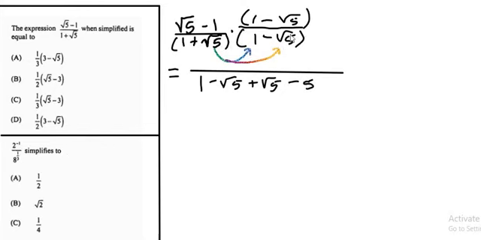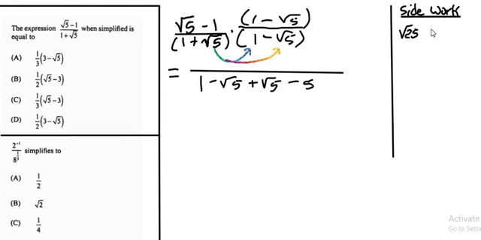Now, you may wonder, how is that the case? Well, let's look at it at the side. Now, what I'm going to do, I'm going to use an example, different from this. So let's ignore this for a while and just look at the principle here. We multiply the square root of a number times itself. What will happen?